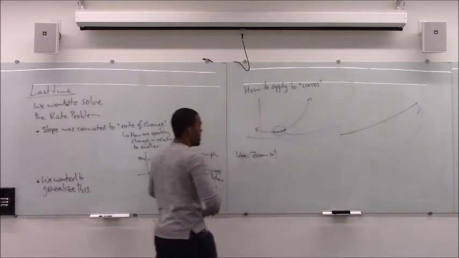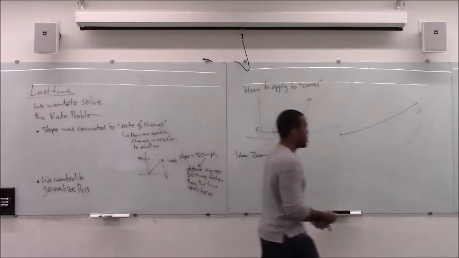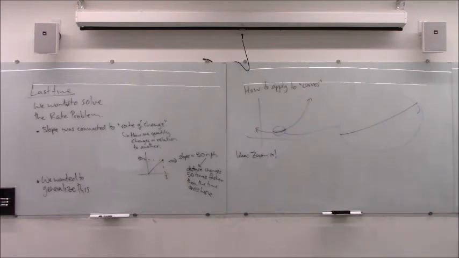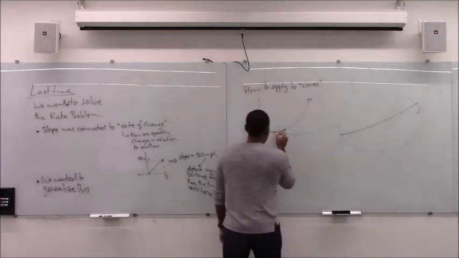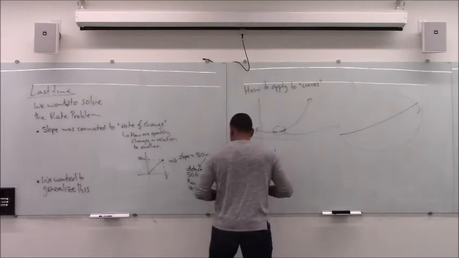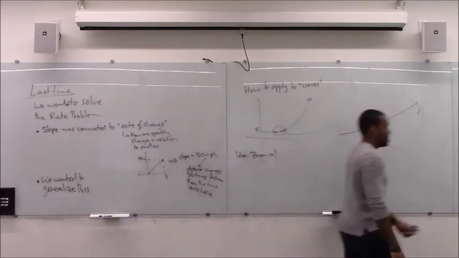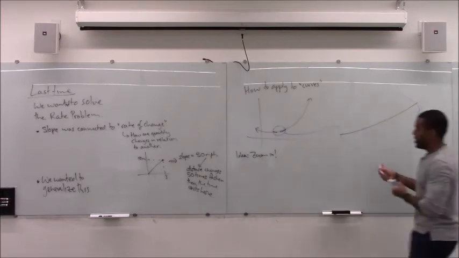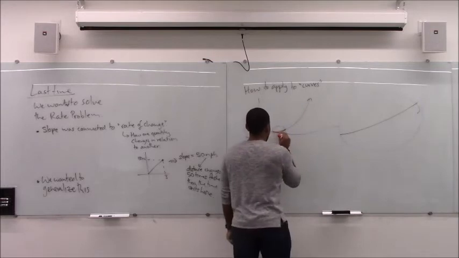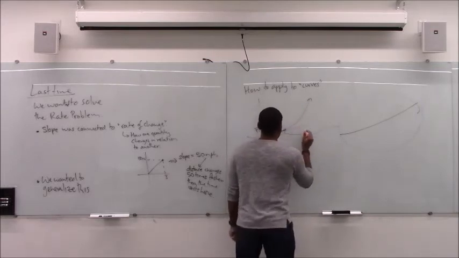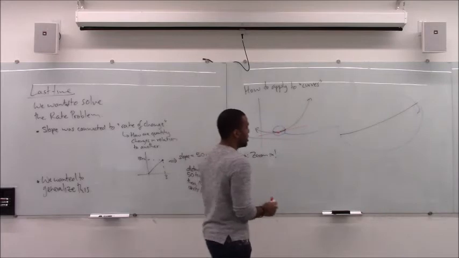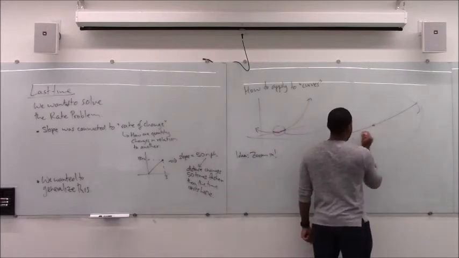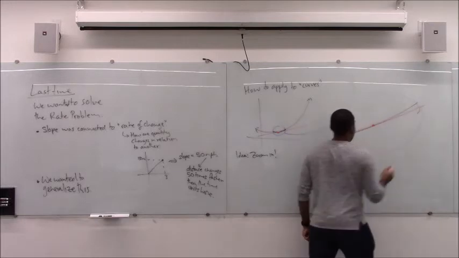And so because we know how to deal with a straight line, let's somehow create a straight line at a point of interest. The idea being, when we zoom in, the actual curve and that straight line are going to be super close to each other, right?